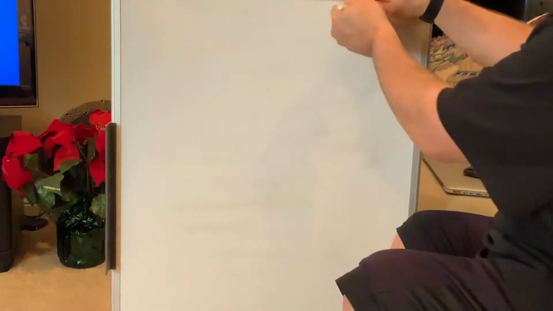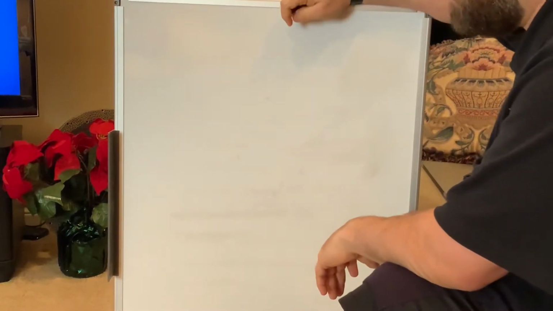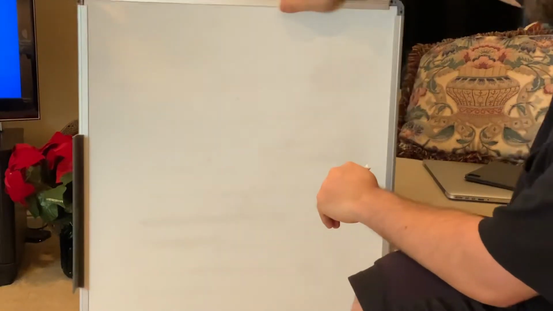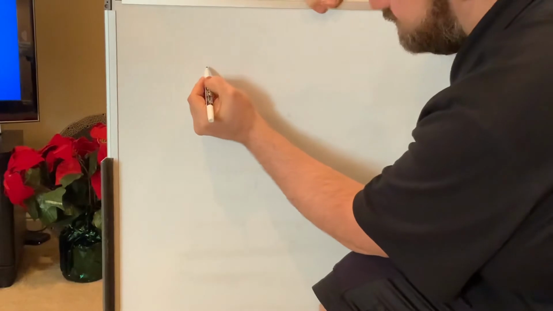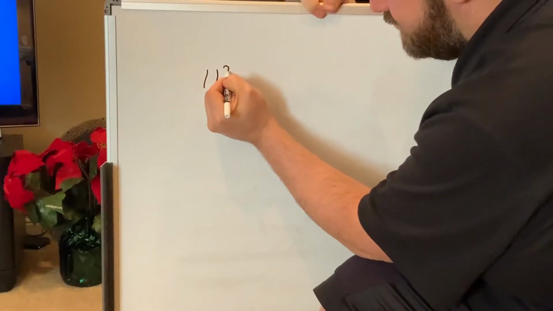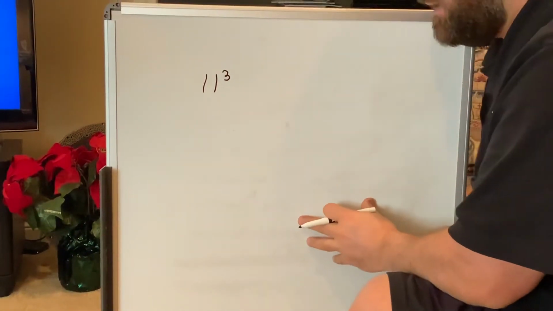Okay, so this is a problem that came from that Gelfand algebra book. What it said was, compute 11 cubed without a calculator. And it gave us a hint.